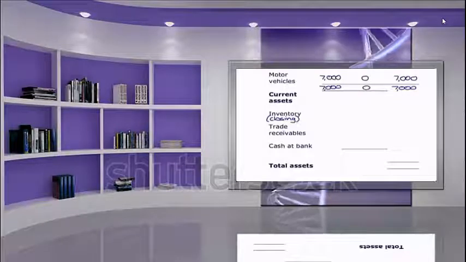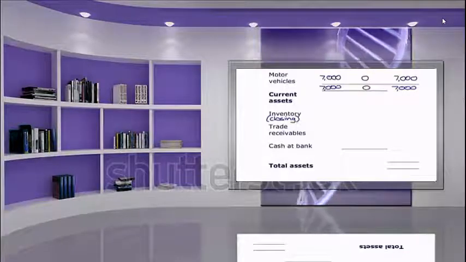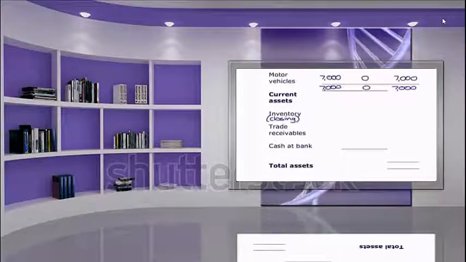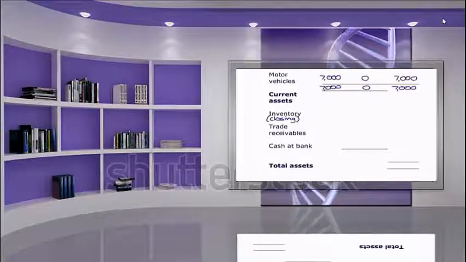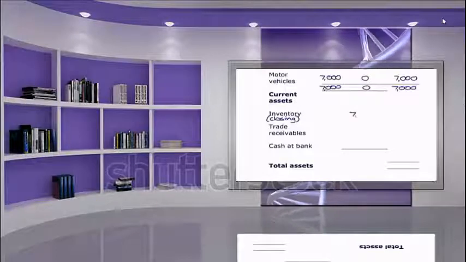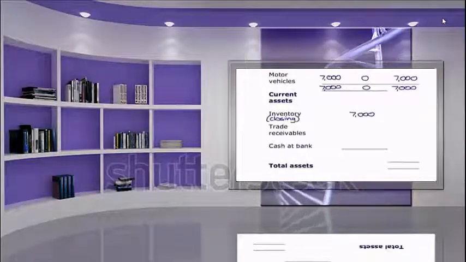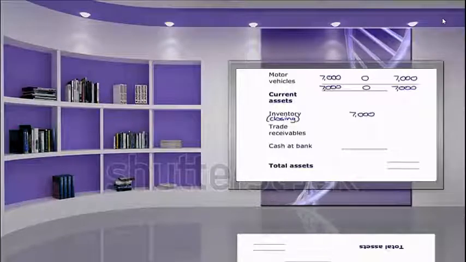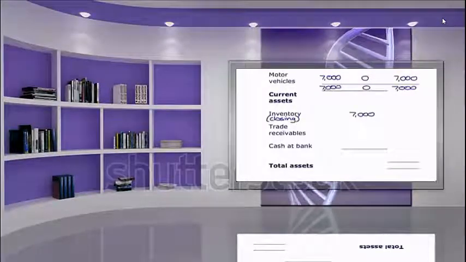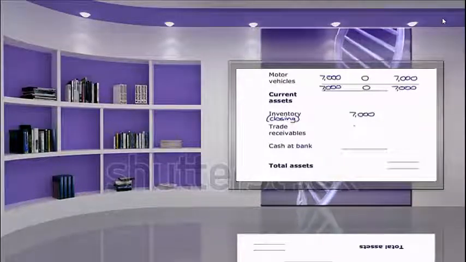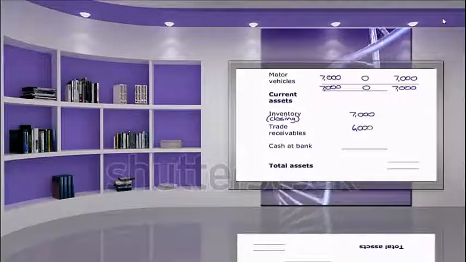Now we're going to do the debit, the asset. So tick off the $7,000 debit to inventory assets, and we're going to pop that in to our subtotal column here. Trade receivables then, remember this is amounts owed to us by our customers, and at the period end that was $6,000.